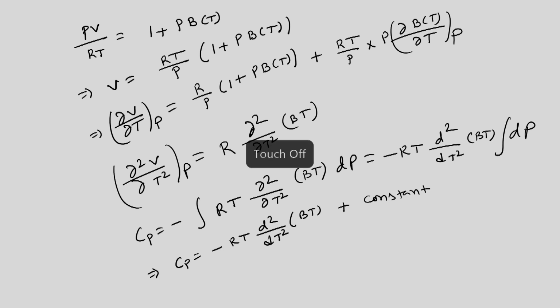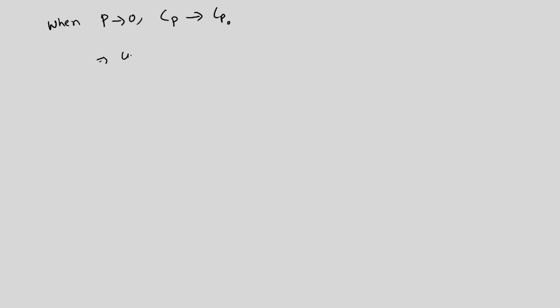So next we consider when P goes to 0, Cp goes to Cp naught. So the constant term of the above expression is nothing but Cp naught.